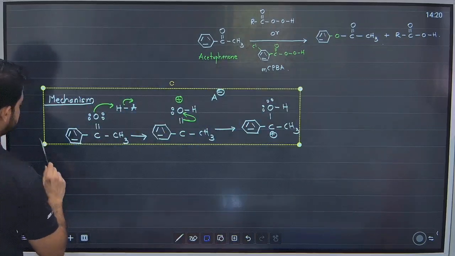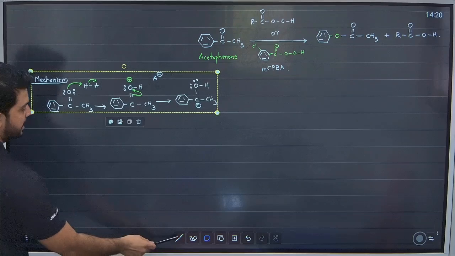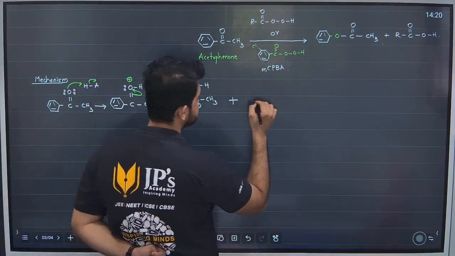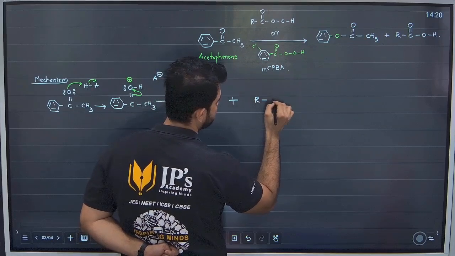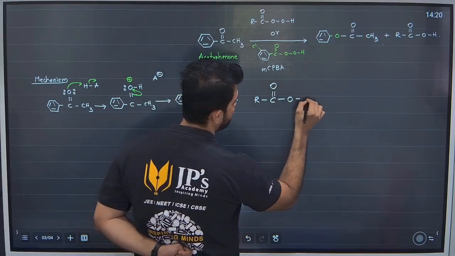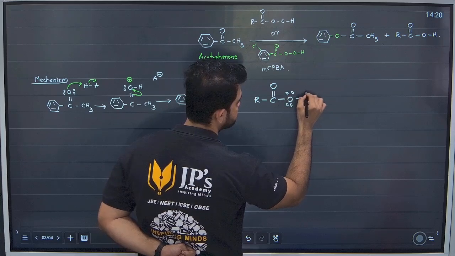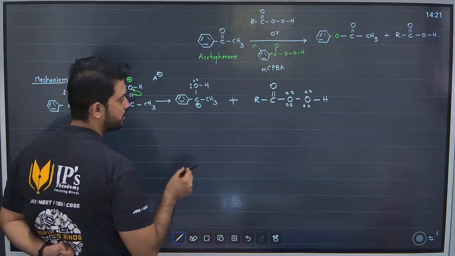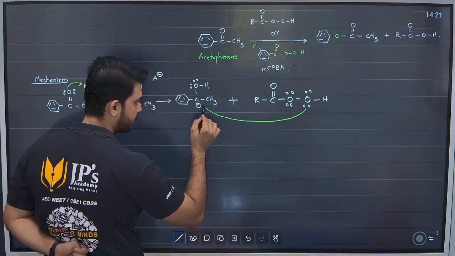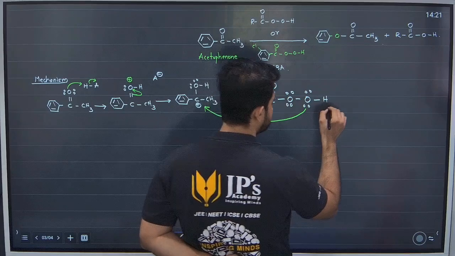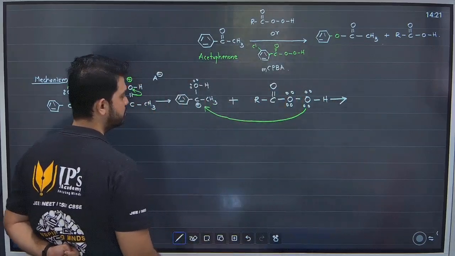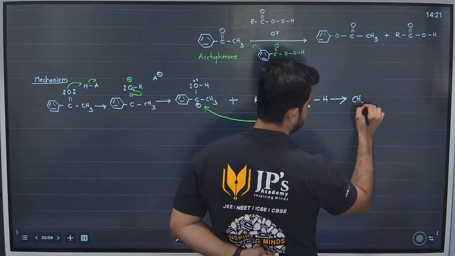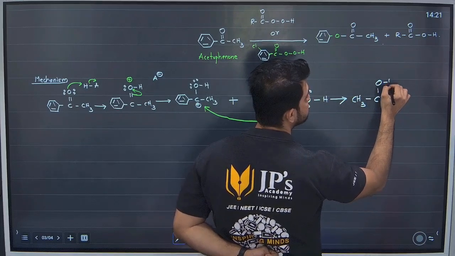Now in the next step, students, what happens is, now comes our peroxy acid, per-carboxy acid. So this is our per-carboxy acid, students. This is our carbonyl carbon. So let's understand. Now next what happens is, we have the protonated carbonyl oxygen here.